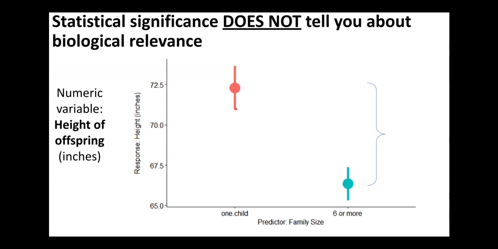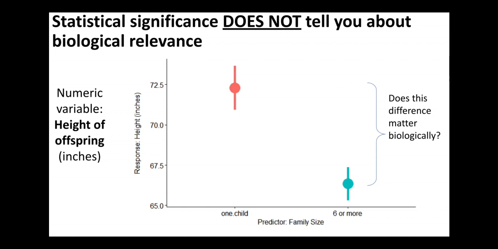For example, in this data set, there's a significant difference between these groups. This group is a little less than 67.5, we'll say 67 inches. The 6 or more group, 70.2 inches. When I worked up this data, the hypothesis that I was playing around with is that one-child families would be able to devote more resources and their children would be taller and healthier.